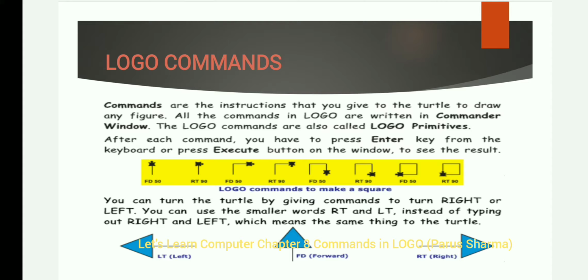Then there are four commands for the movements, that is FD, LT, RT and BK. Four commands we use to move the turtle in different directions. The number we write, the number of steps, is the angle by which we are going to move our turtle to the next position.